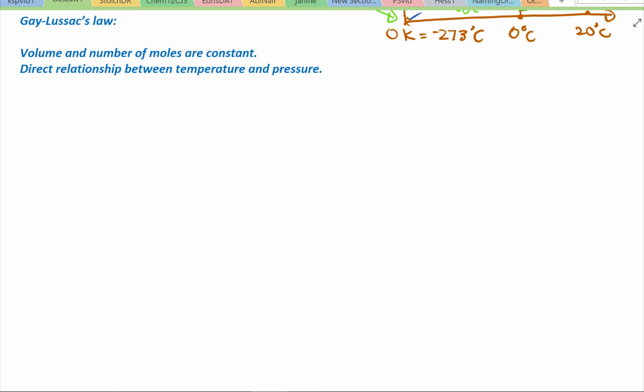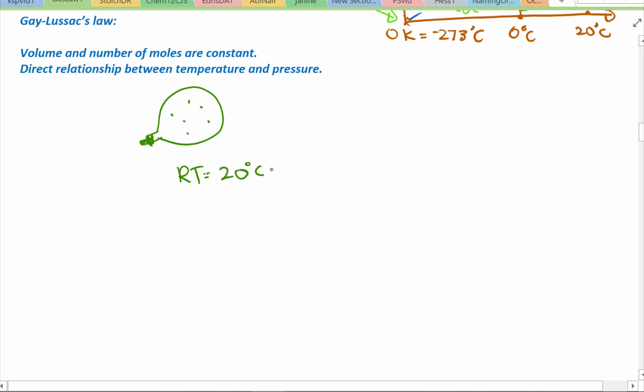Now, Gay-Lussac's law is next. It's not widely used, but it's good to understand depending on your course, right? So in Gay-Lussac's law, let's say at room temperature, 20 Celsius, you have a balloon with some gas molecules, and then you go to 30 degrees Celsius and you have gas molecules, right?